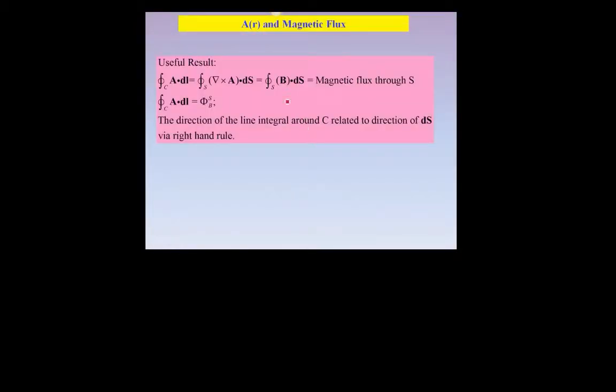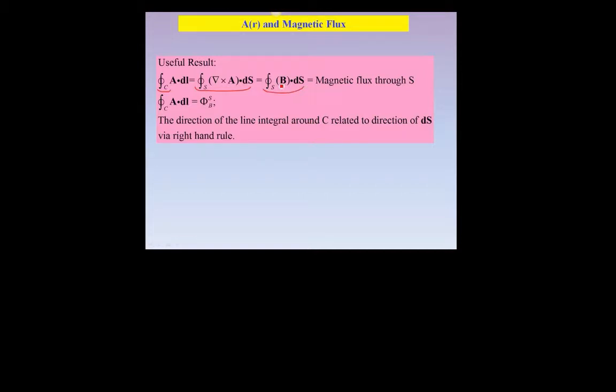There's a useful idea here, that if you were to take the A vector and integrate around a closed loop C, then we can express that in terms of a surface integral and the curl. So this is basically Stokes' theorem right here. So if you do that, then remember this is B, so this surface integral is equivalent to this one right here.